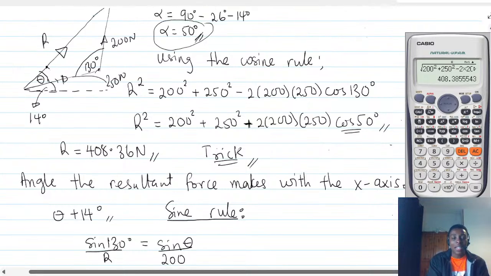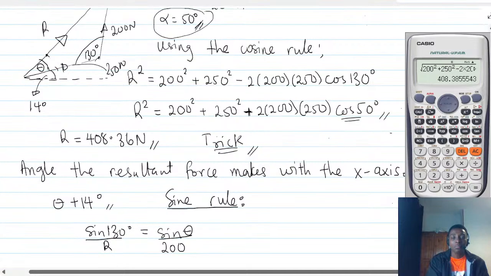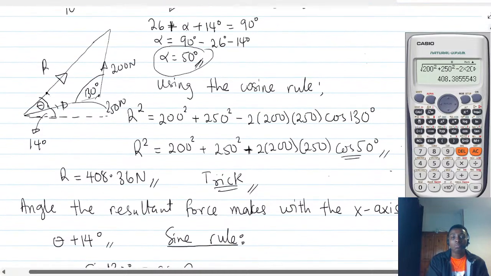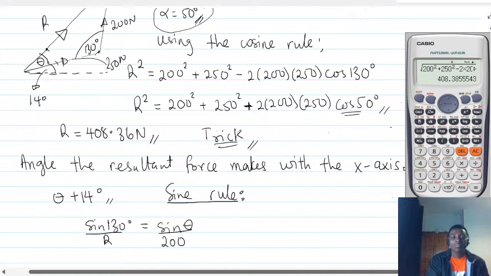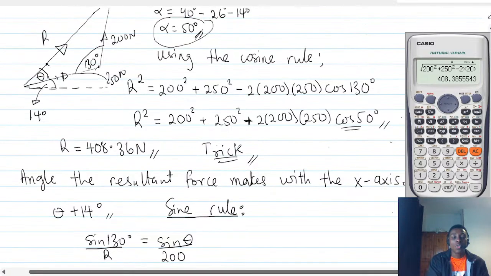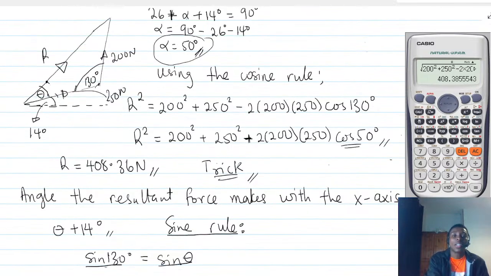So now basically what we are doing is that sine 130 is the angle, divided by this r, and then sine theta, which is the angle we want, divided by the side which is opposite to theta, which is 200.